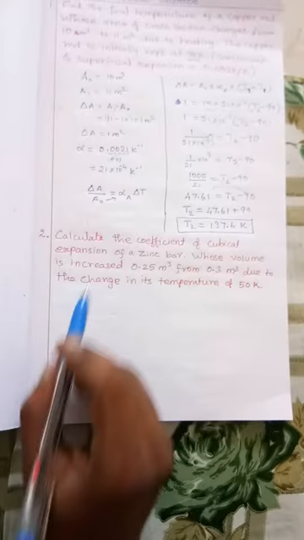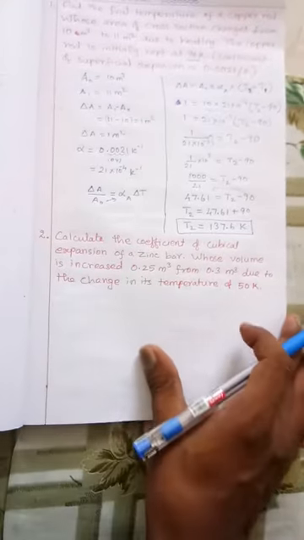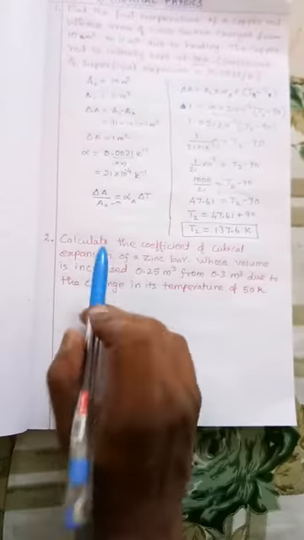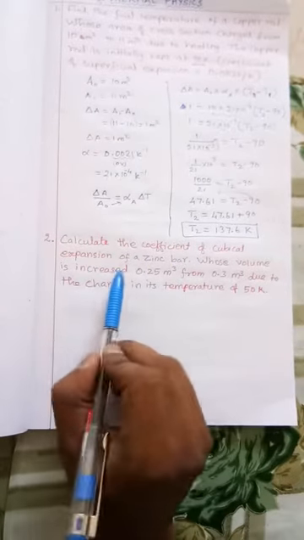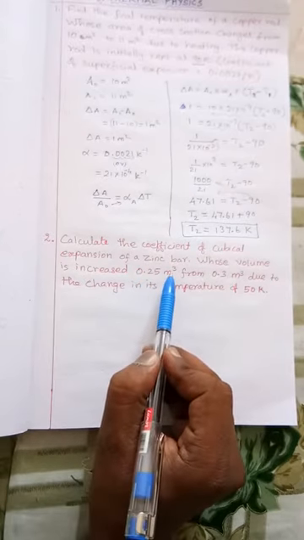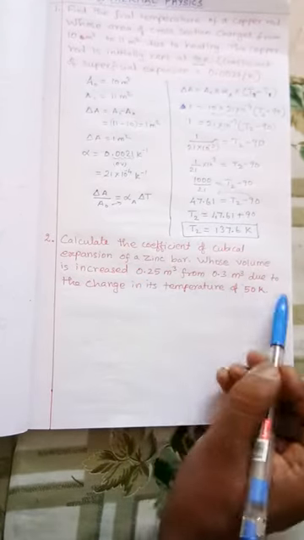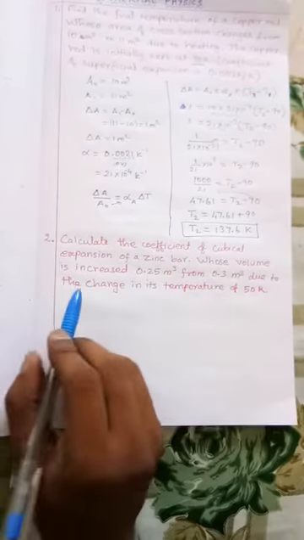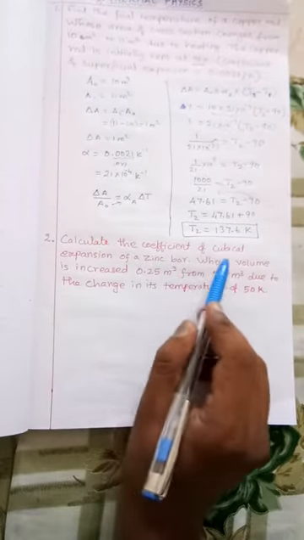Second question. Calculate the coefficient of cubical expansion of a zinc bar whose volume is increased by 0.25 meter cube from 0.3 meter cube due to a change in its temperature of 50 Kelvin. We want to find the coefficient of cubical expansion.